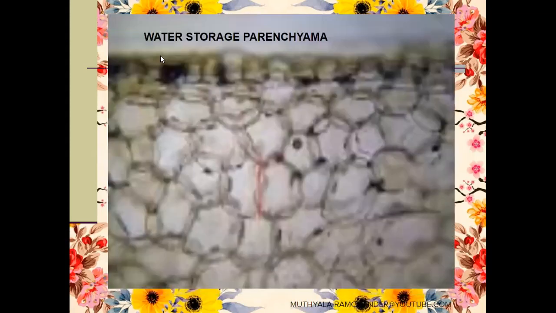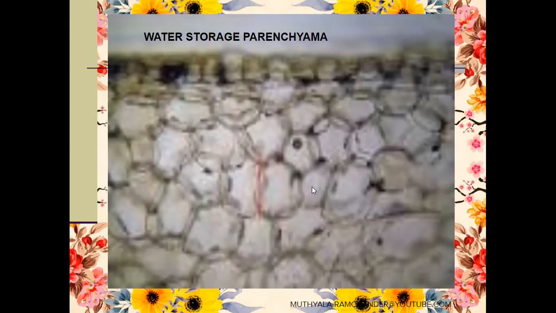The next one is water storage parenchyma. Water storage parenchyma tissues are observed in xerophytic plants. Generally, xerophytic plants are well developed in drought conditions. In drought conditions, only a little bit of water is present. That little amount of water is stored in the cells of the plant body.